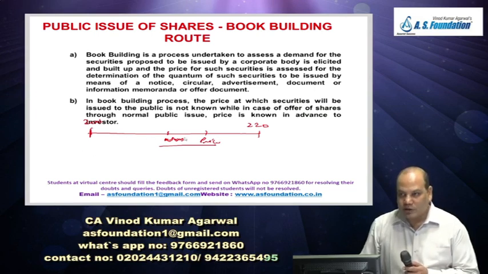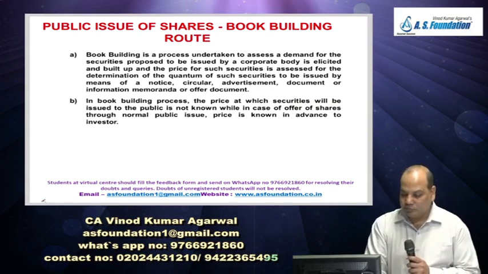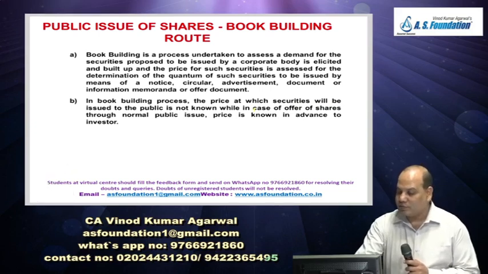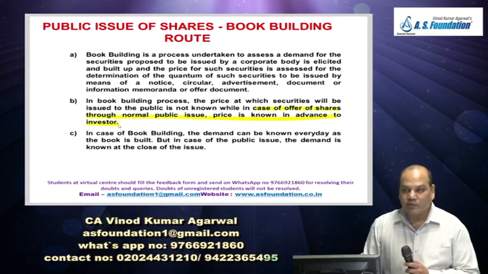So how will you know the price at the beginning? While in the case of an offer of shares through a normal public issue, the price is known in advance to the investor. That is called the fixed price mechanism, which you learn in your accounts batches. The company will issue shares at 20 rupees per share. It is written fixed price. But in the book building process, the final price is not known.